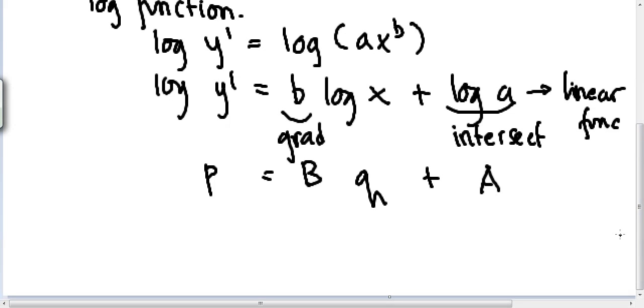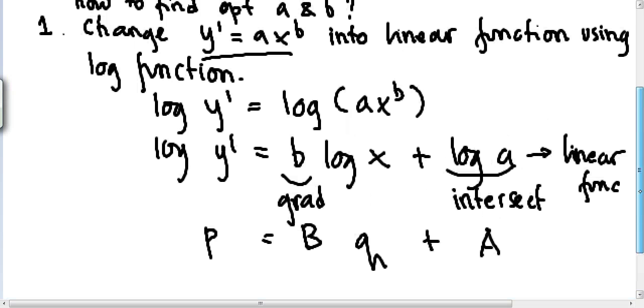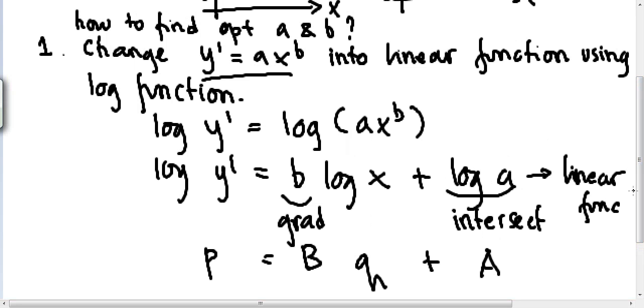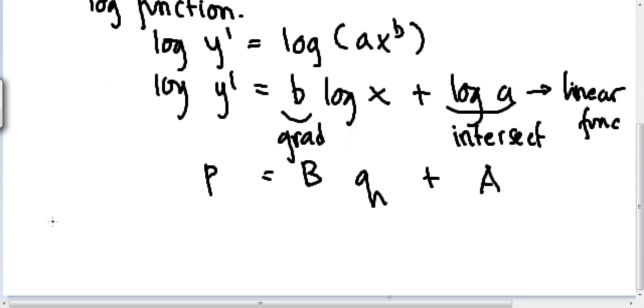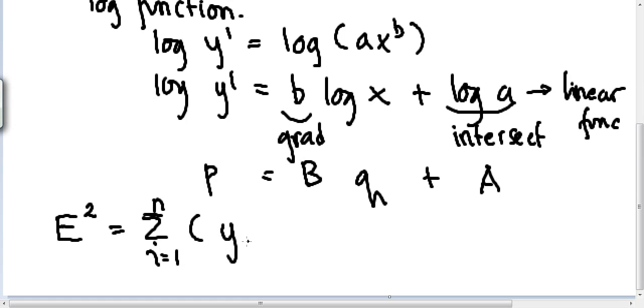Then the way to find the optimum A and B is by optimizing, or finding the minimum of, the error. So what is the error? The error is e square, which is the yi, the original data, minus this approximate function pi, squared.